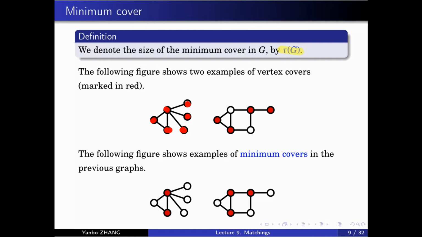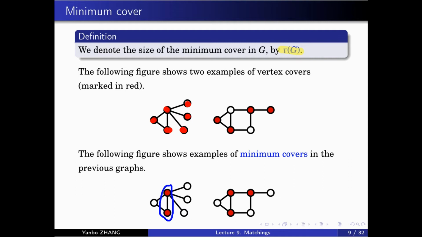The figure below shows examples of minimum covers in the previous graphs. If we delete these 2 red vertices in the left graph, the remaining graph is an empty graph. Moreover, we cannot find a cover which has a single vertex. So here, the 2 red vertices form a minimum cover, and tau(G) equals 2.